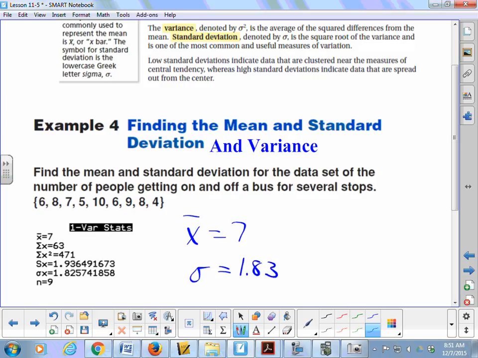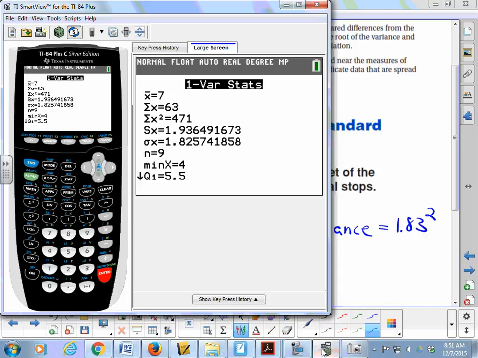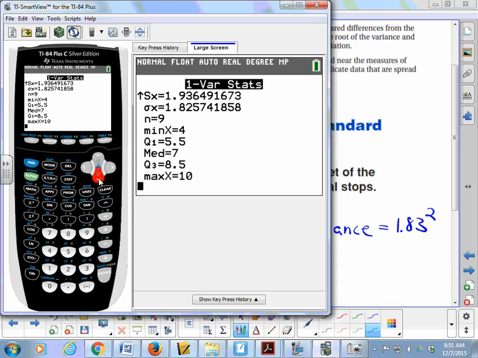To find the variance, we just take that number and square it. Make sure you use more than just those 2 numbers when you're doing it, so 1.8257 at least, and then square it to find that number. Also, if you scroll down, there's your 5-number summary.